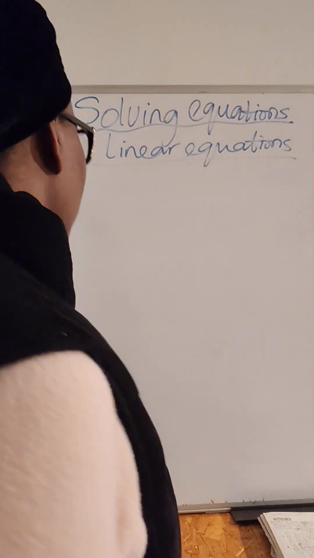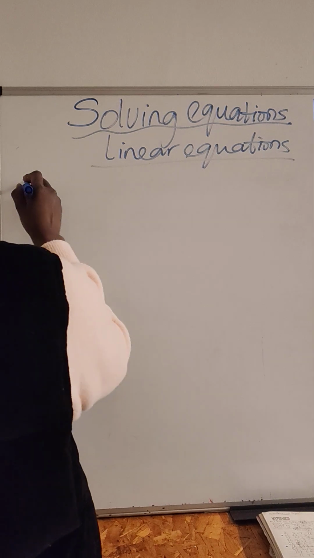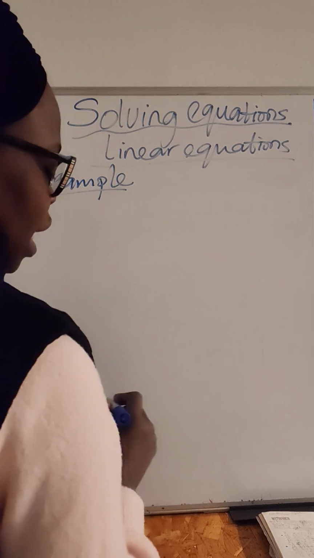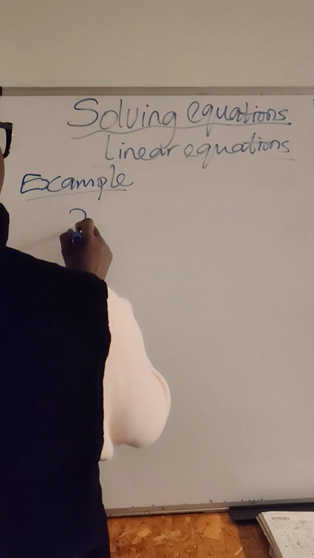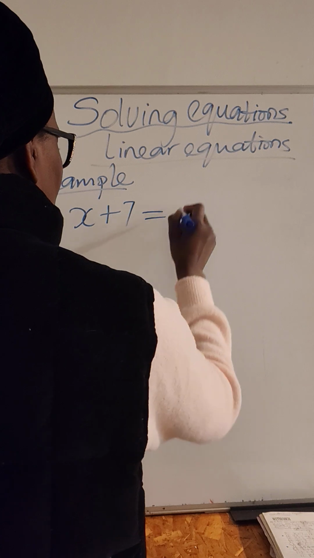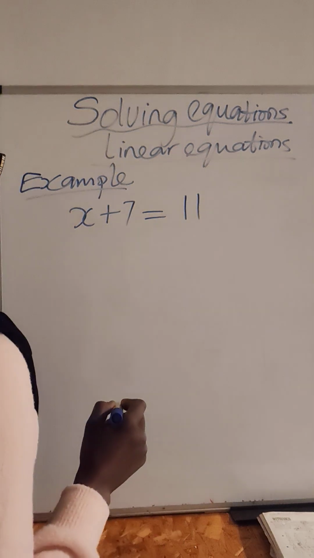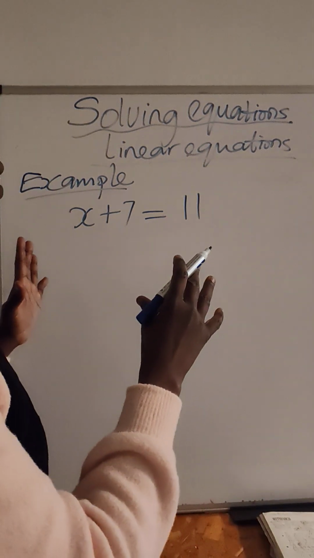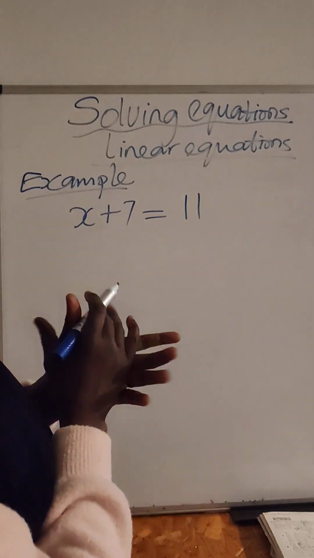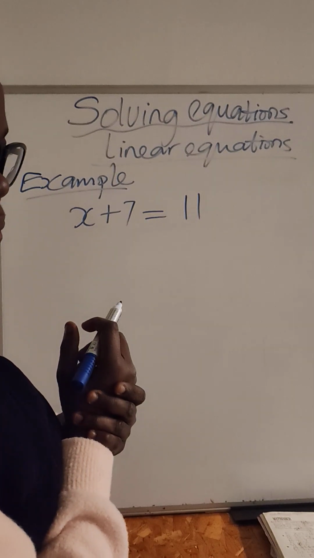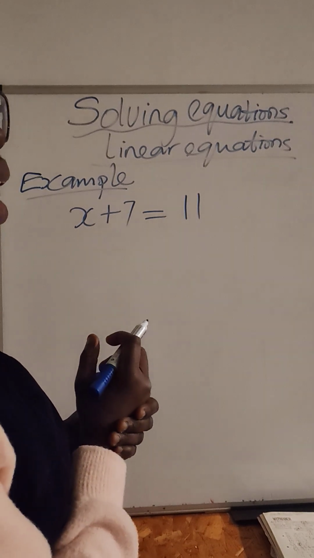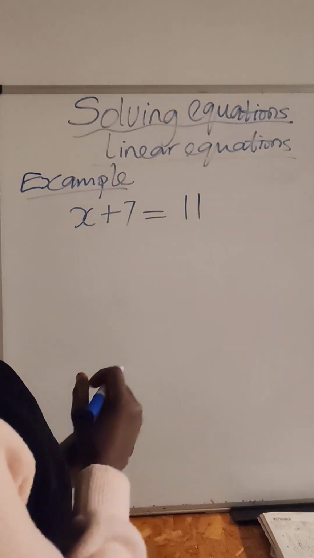So the first example I have for solving linear equations is x plus 7 equals 11. When you are given a linear equation, it will have an unknown, which you will surely get in letter form.